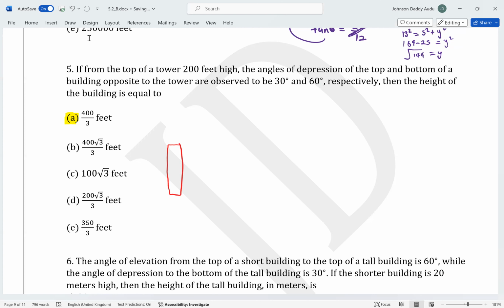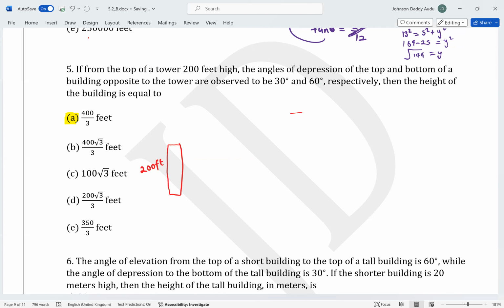From the top of a tower, and the height of the tower is 200 feet, the angles of depression of the top and the bottom of a building opposite the tower are observed to be, okay, so you have a building.